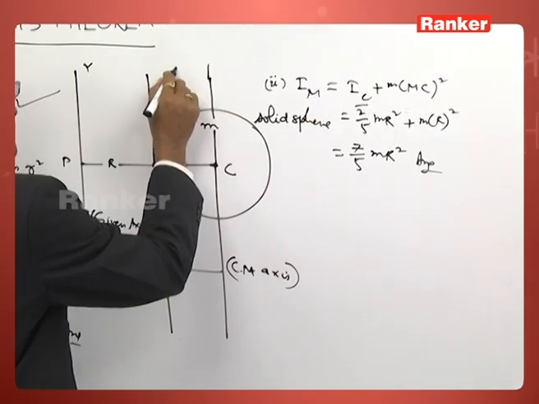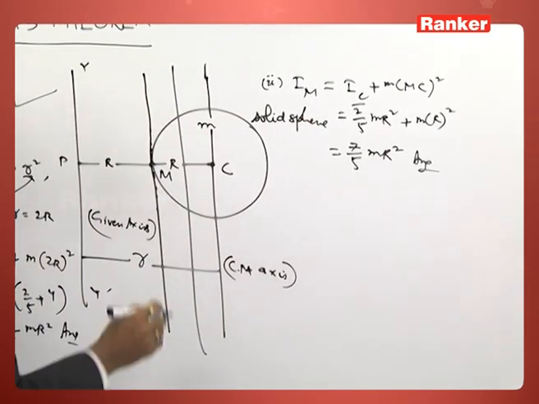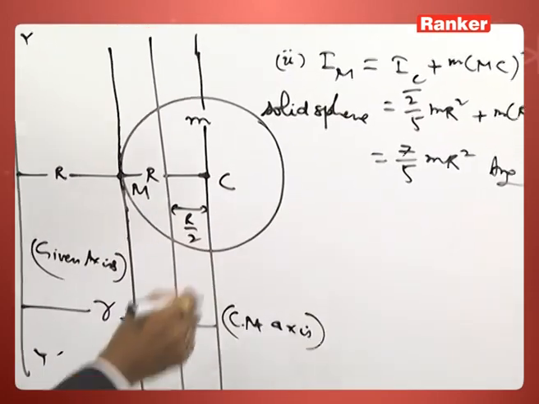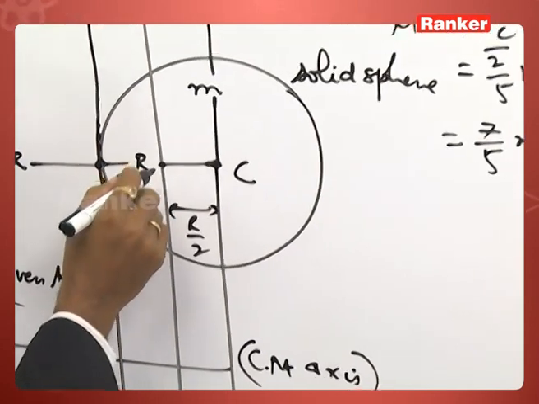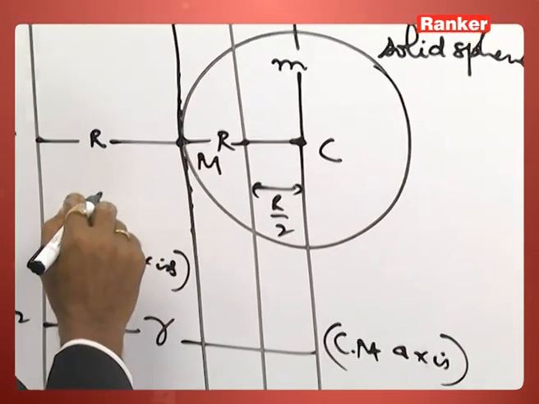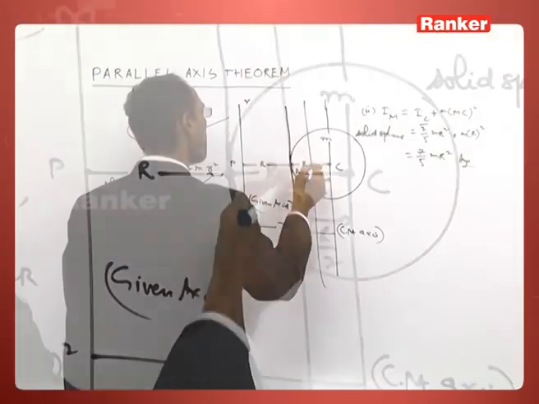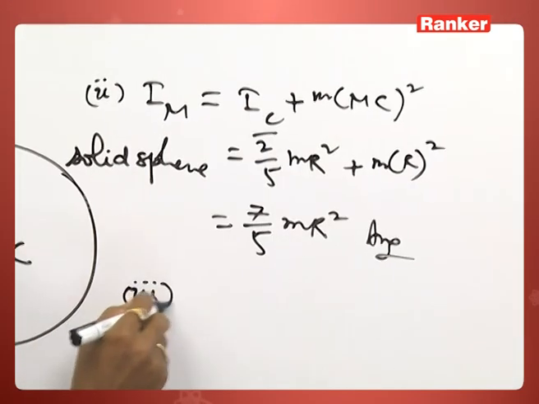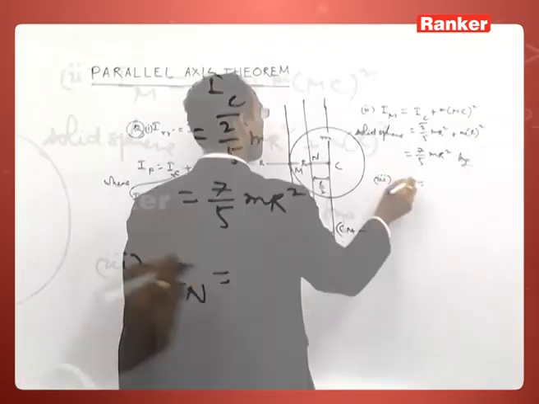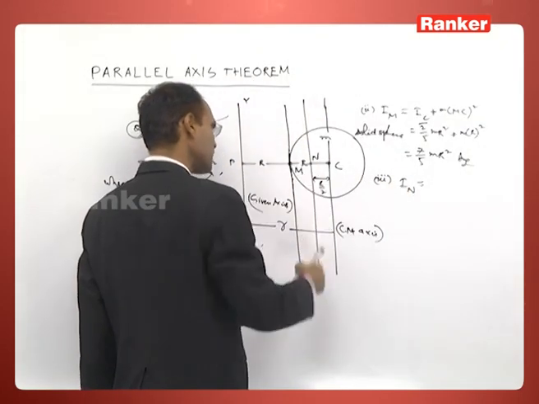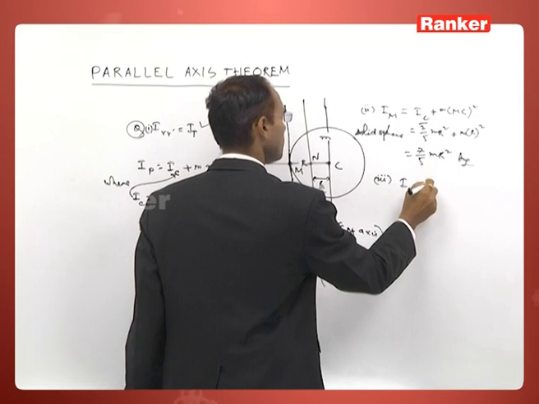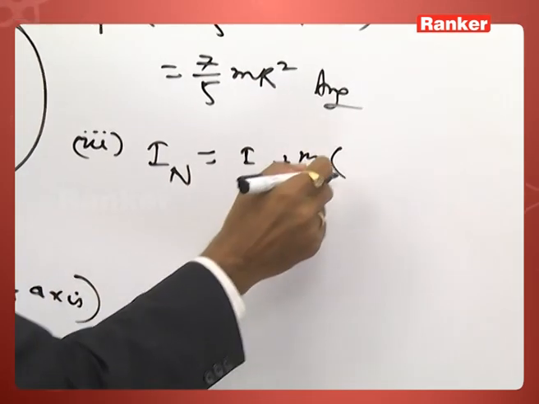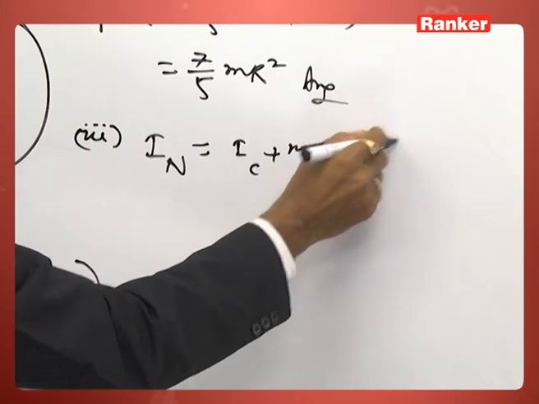Another axis you can take inside at a distance of say r by 2 from the center, let it be passing through n. Moment of inertia about n, the axis passing through n and parallel to the centroidal axis, is equal to IC plus m nc whole square.